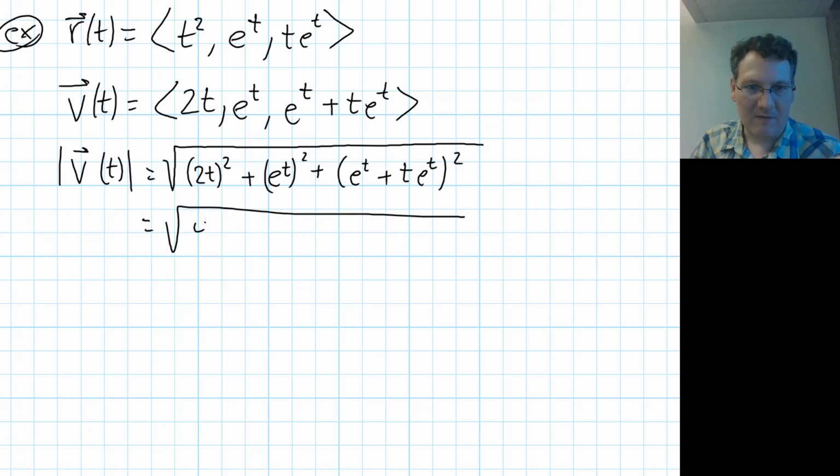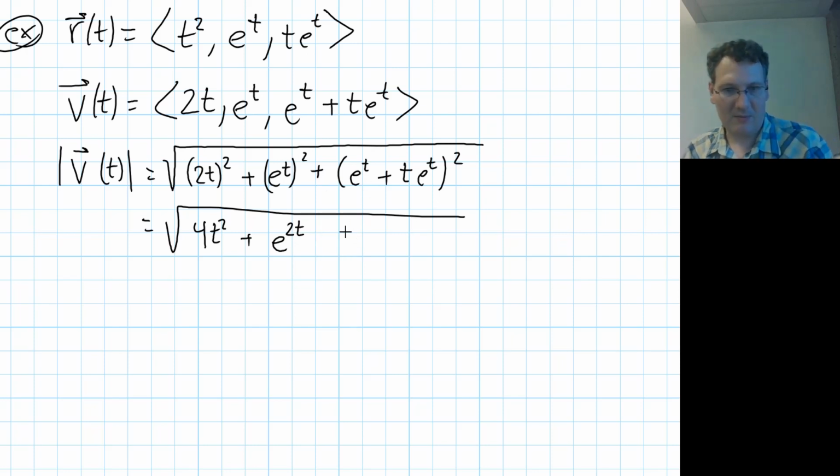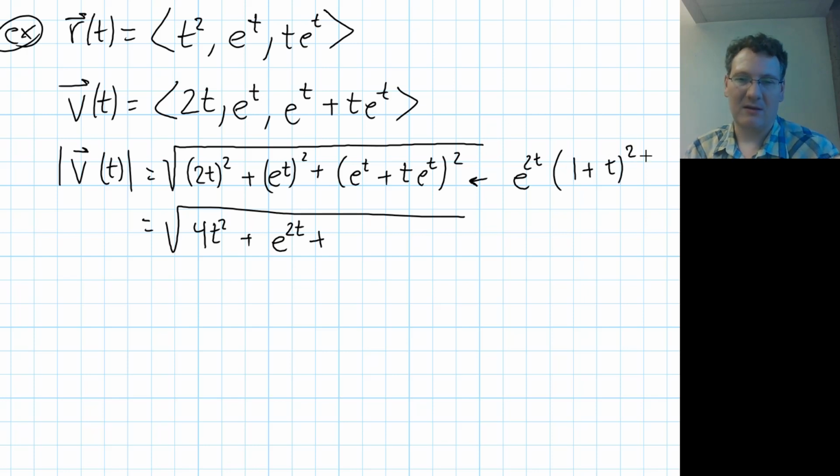This is going to be 4t squared plus e to the 2t plus, let me clean this up, I can factor out e to the 2t, and it's going to be 1 plus t squared.